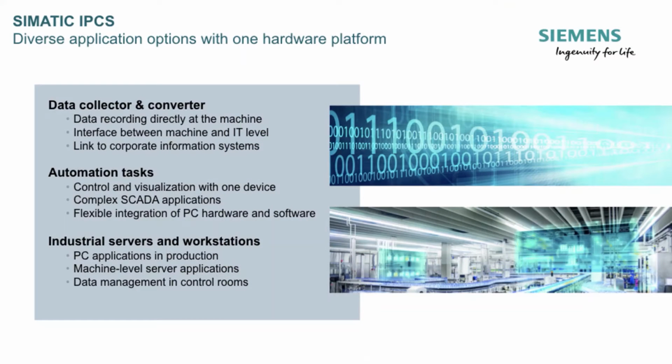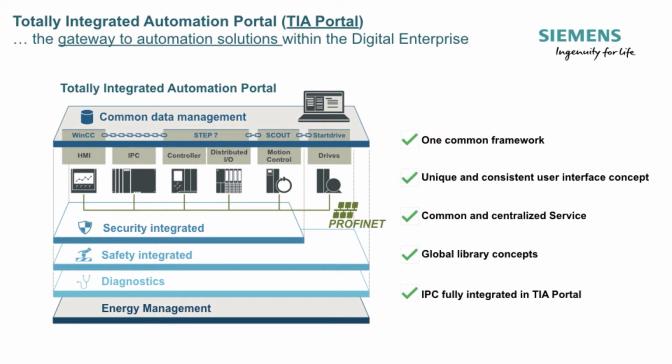You can go from automation tasks, to having your visualization, your SCADA system, installed in one of the other IPCs, or we also have our industrial servers, when you need a lot of performance and to manage a lot of information or data. The Siemens IPCs are also part of our TIA Portal, so they are fully tested and compatible with our software.